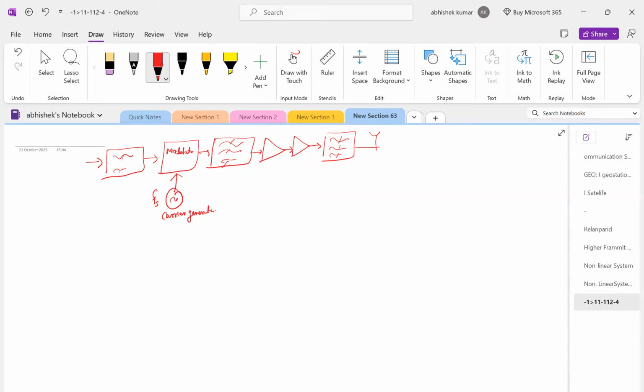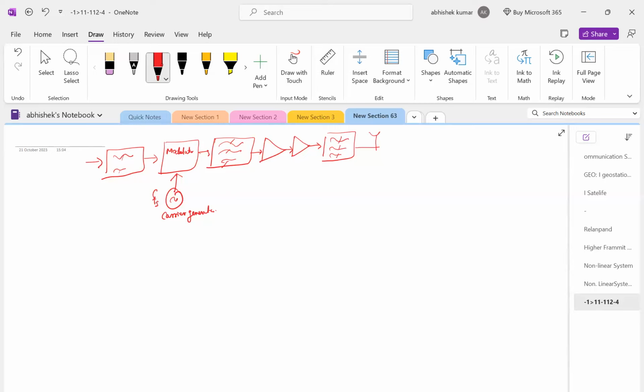Are you getting it? You can see the output power changes with the input power. In the AM-AM system, what does it mean?